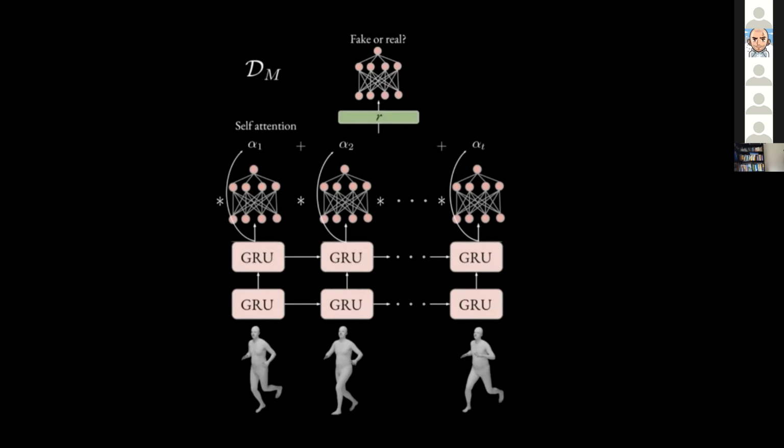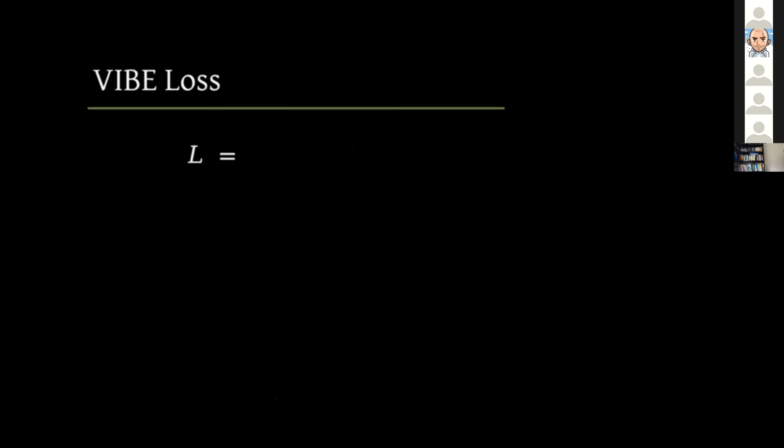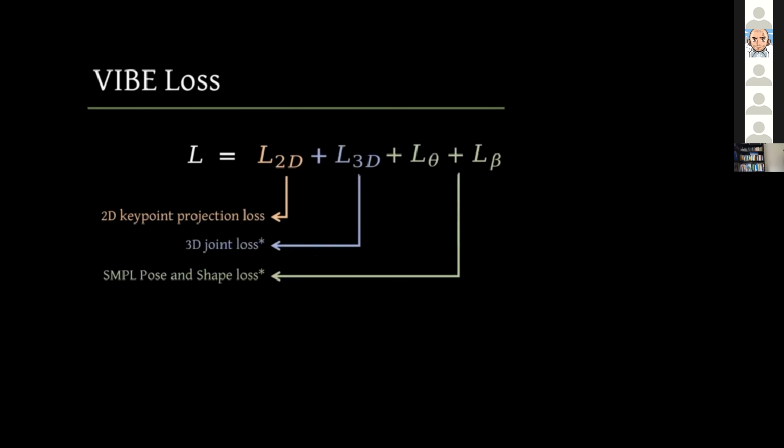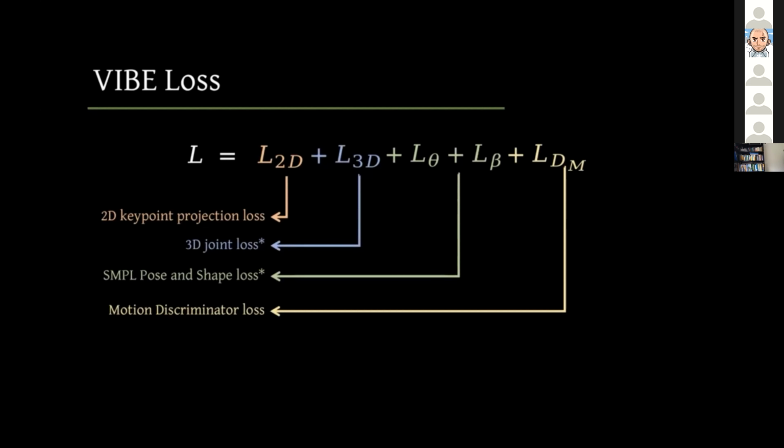The reason is to be able to amplify the contribution of the most important frames in the final decision. Overall, VIBE loss is composed of 2D key point projection loss, 3D joint loss, SMPL pose and shape losses, and the motion discriminator loss. Note that 3D losses are applied when 3D annotations are available.